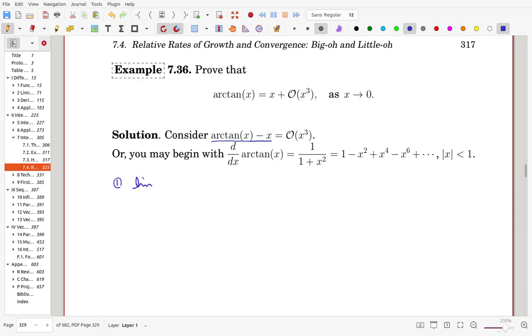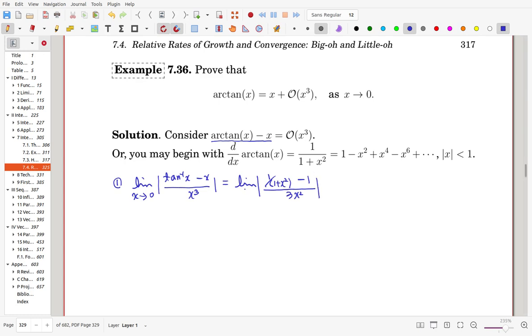So let's take the limit as x approaches 0 of arctangent of x minus x divided by x cubed in absolute value. As x approaches 0, top and bottom approach 0, so we can use L'Hopital's rule. The absolute value of that is 1 over 1 plus x squared minus 1, divided by 3x squared, right?